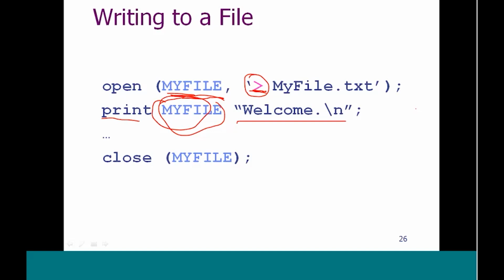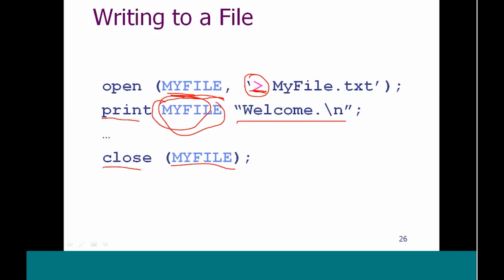And then finally we have this particular statement, the close, and the close statement essentially closes the file. Usually when the Perl program finishes running, the operating system goes and actually closes all the files that got opened during the operation.